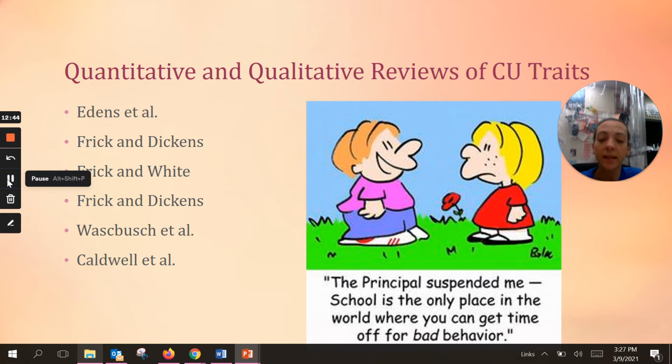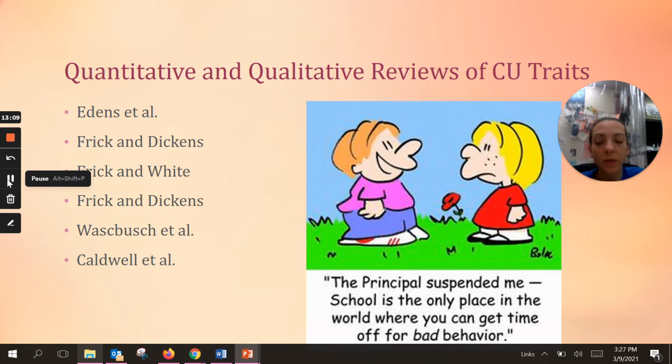Frick and Dickens did a qualitative review of 24 studies. 10 showed an association between CU traits and aggression, antisocial, or delinquent behavior. 14 showed a predictive relationship for the duration of either 6 months to 10 years. Frick and White did a study where they reviewed 8 concurrent studies and 3 longitudinal studies.